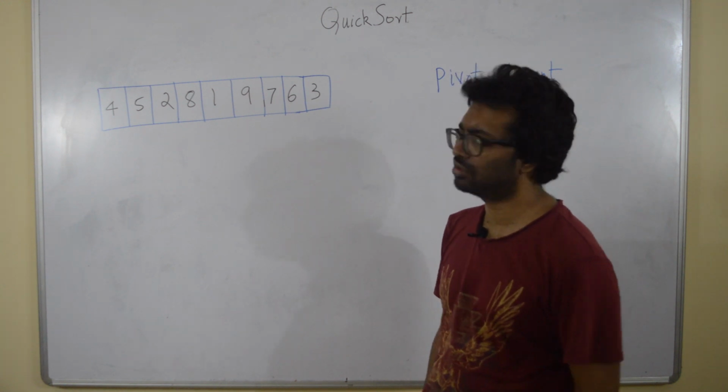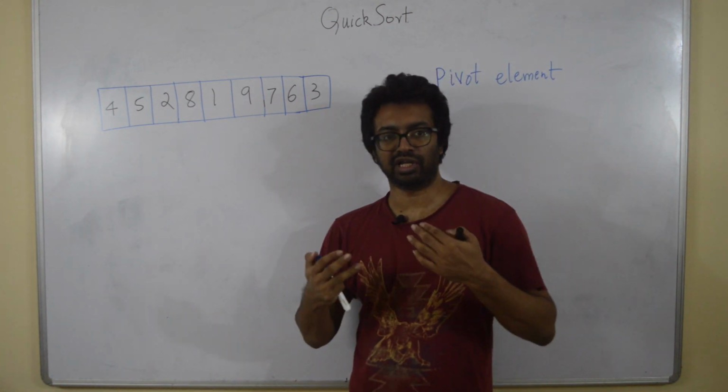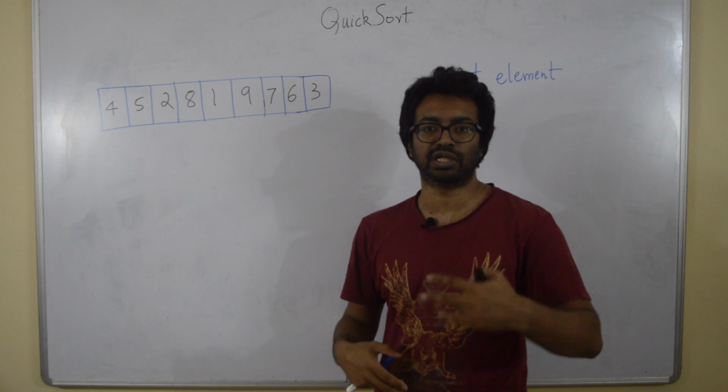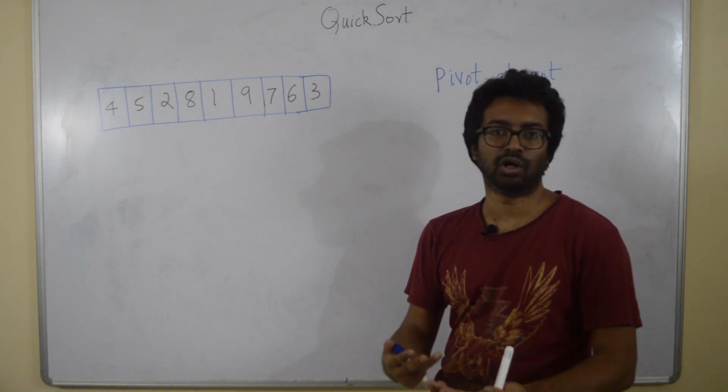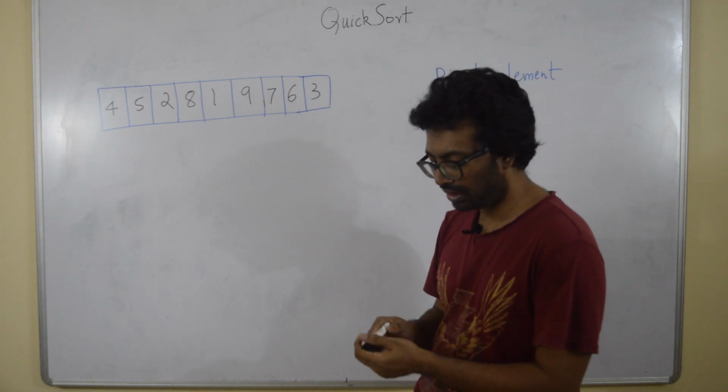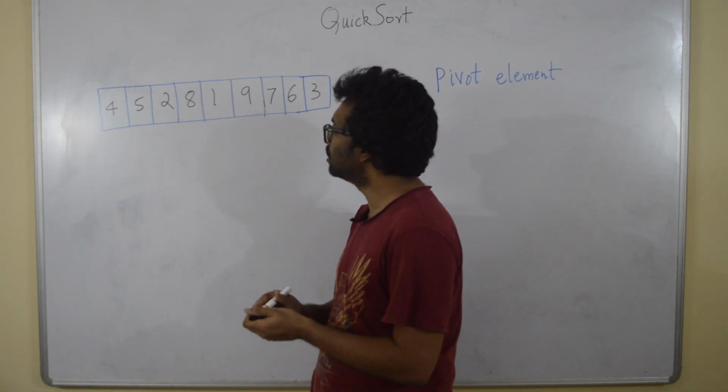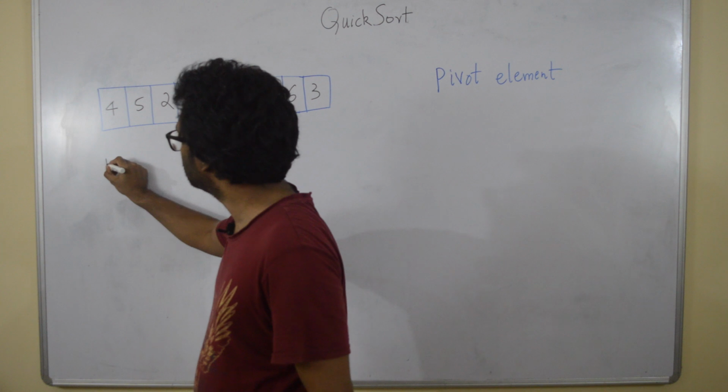To make our life easier, I'm going to work with two arrays: this input array and another array, which is the output array. So I'm going to write the next array.